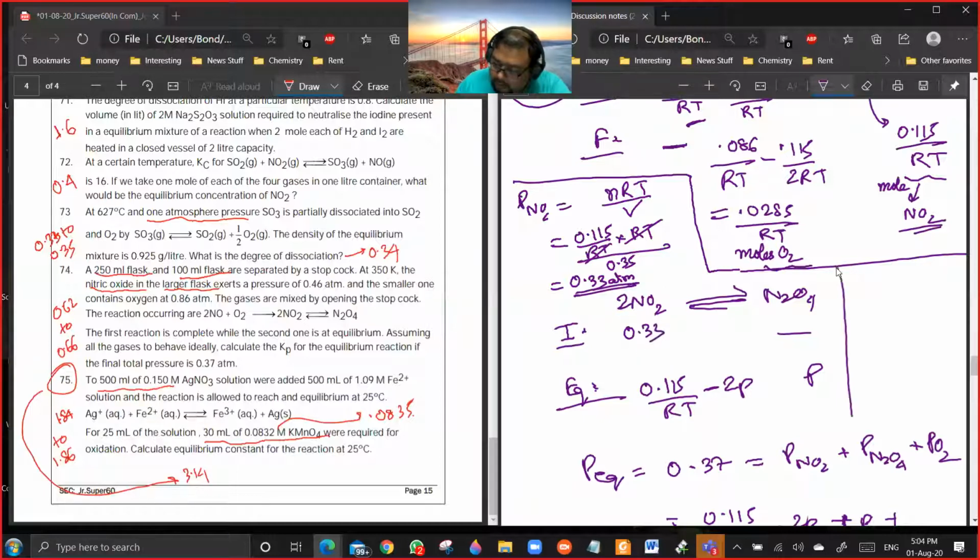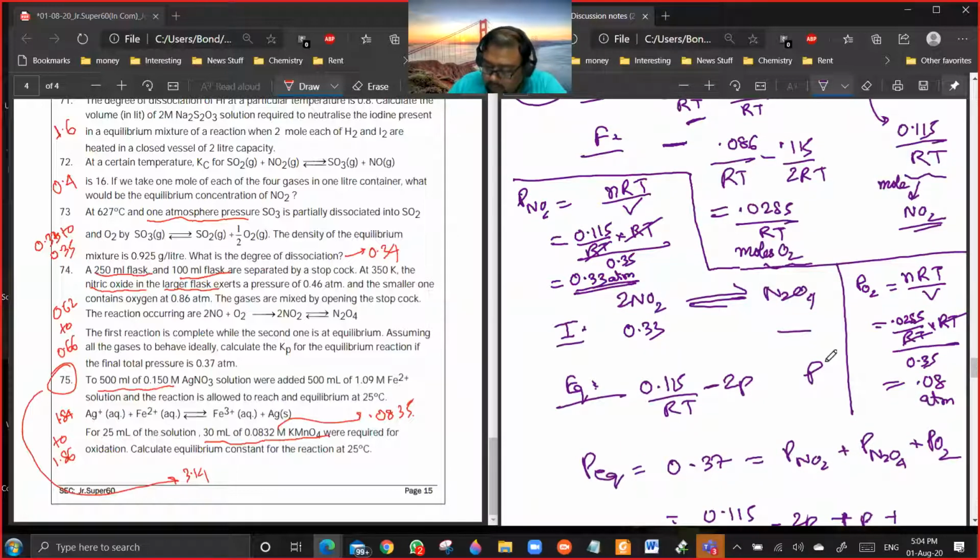Okay. Similarly, if I am talking about the pressure of O2, before the start of the equilibrium, it will be nRT by V again, 0.0285 by RT into RT by 0.35. RT will cancel out. We'll get 0.0285 divided by 0.35. It will be 0.08 atm.